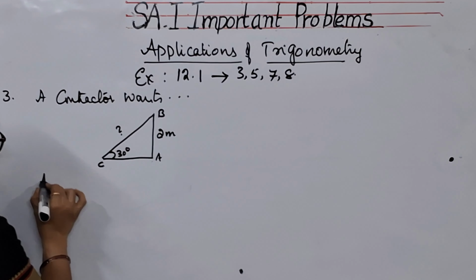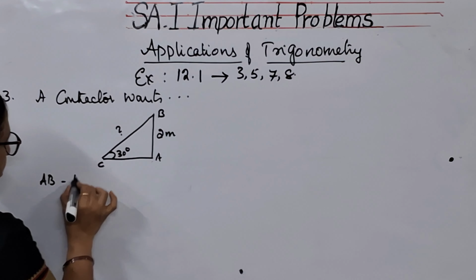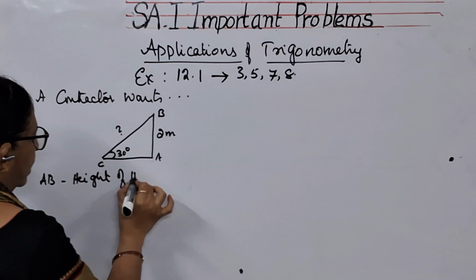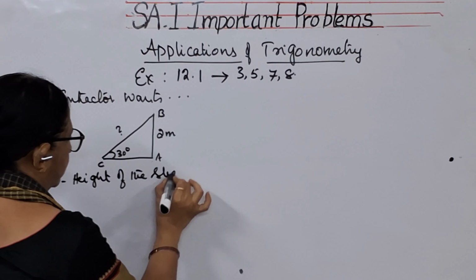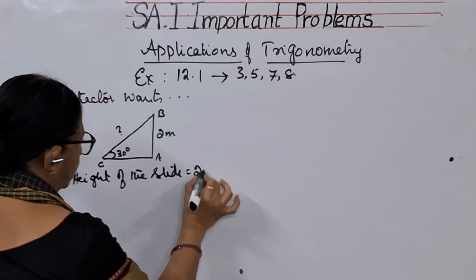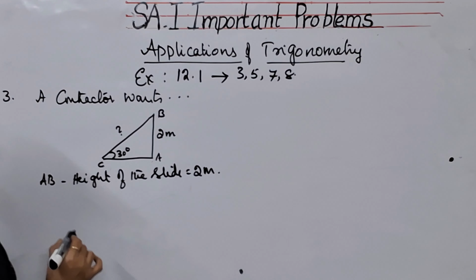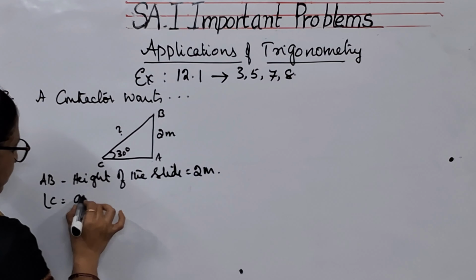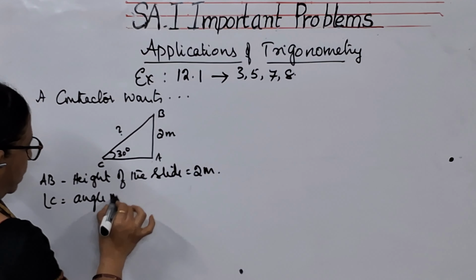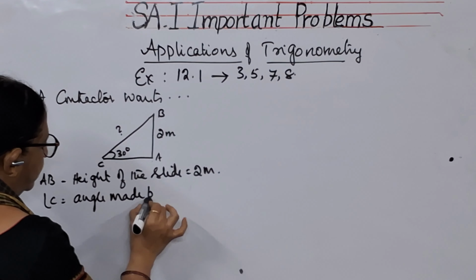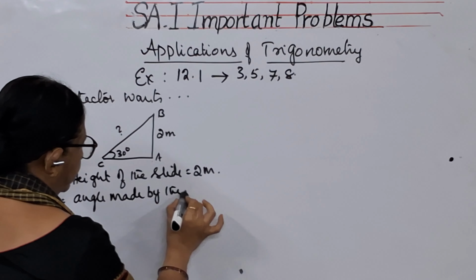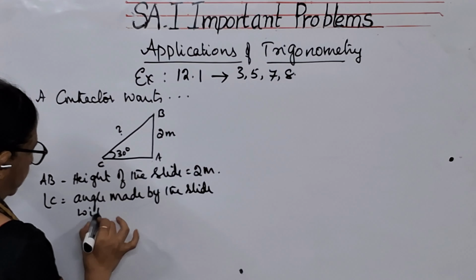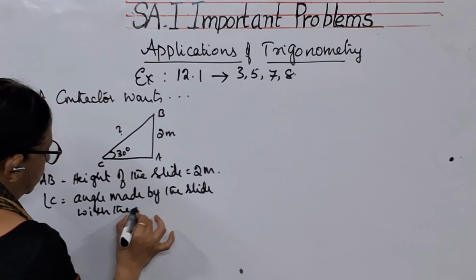So let us write what each one indicates. AB is the height of the slide, that is equal to 2 meters, and angle C is the angle made by the slide with the ground.